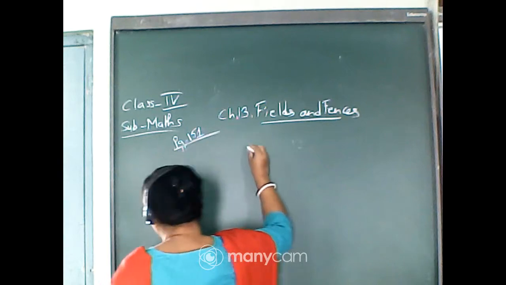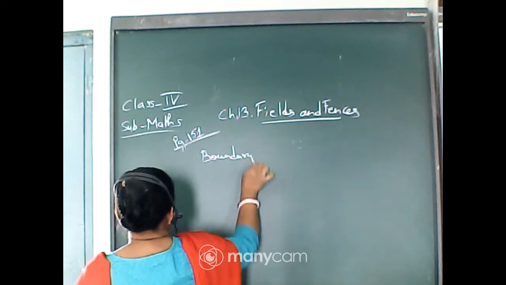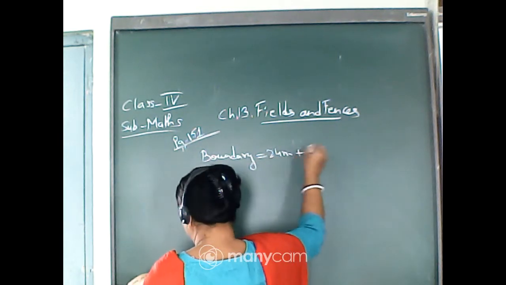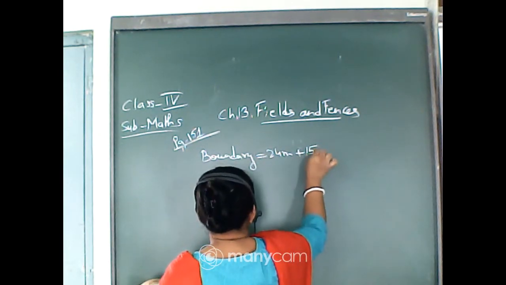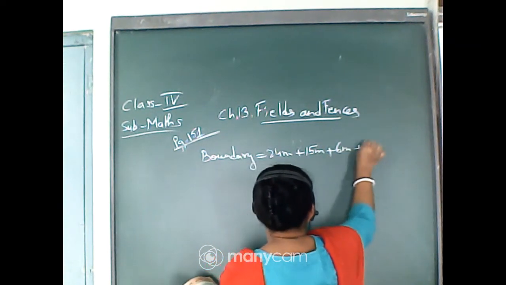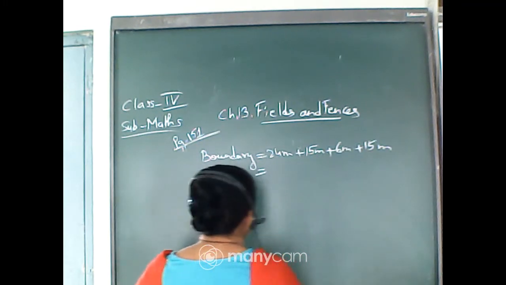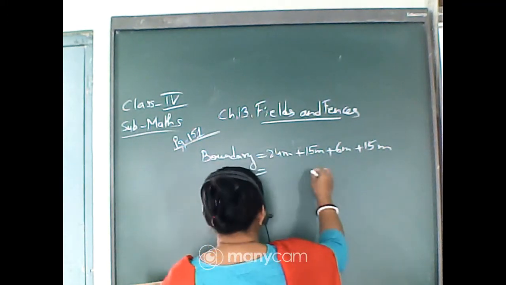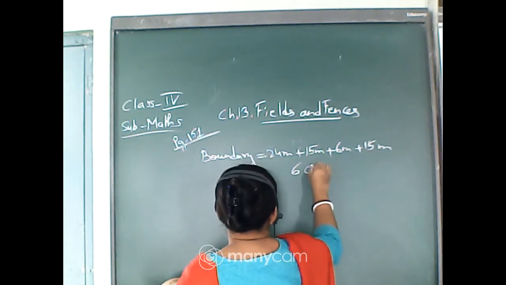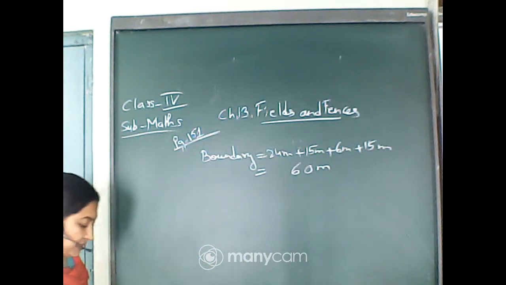So boundary is equals to 24 meter plus 15 meter plus 6 meter plus 15 meter. Okay, so boundary is equals to 60 meter. That means for first one, number A, we are getting boundary as 60 meters.